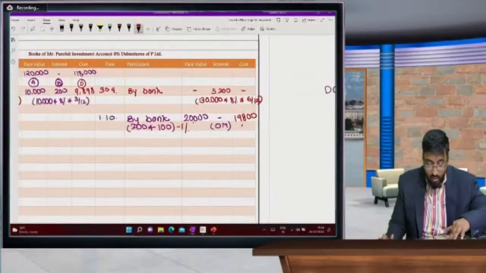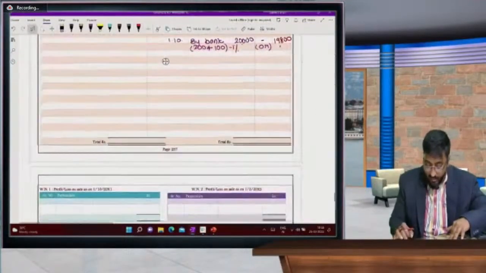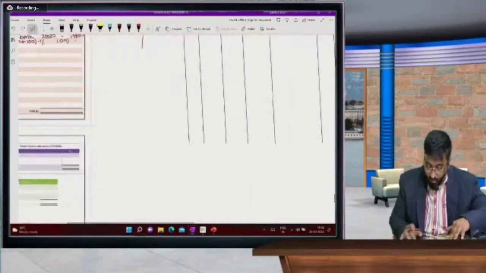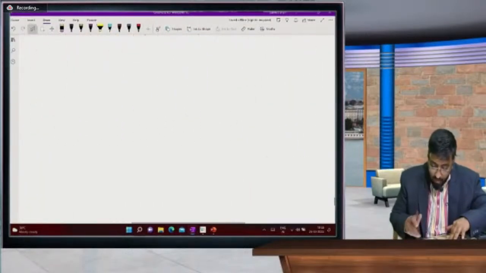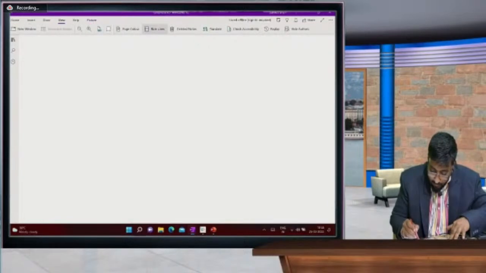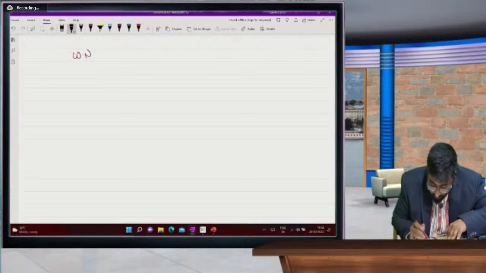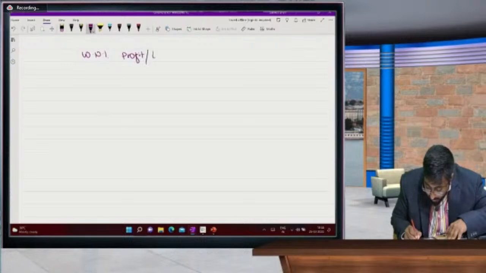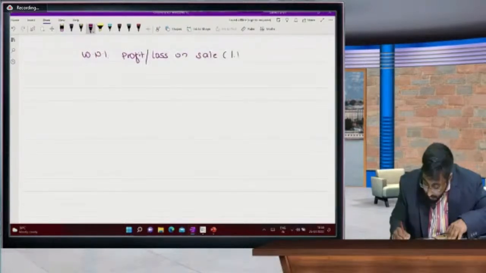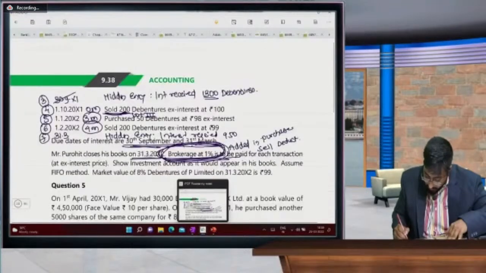Now you got this concept, and whenever you are selling, write down a working note. What is the working note, beta? Working note 1, normal pen. Working note 1, profit or loss on sale. And when this sale happens, 1/10/2001.